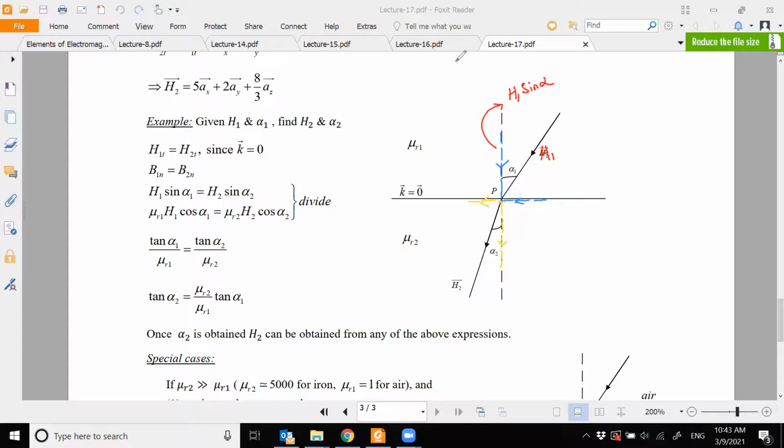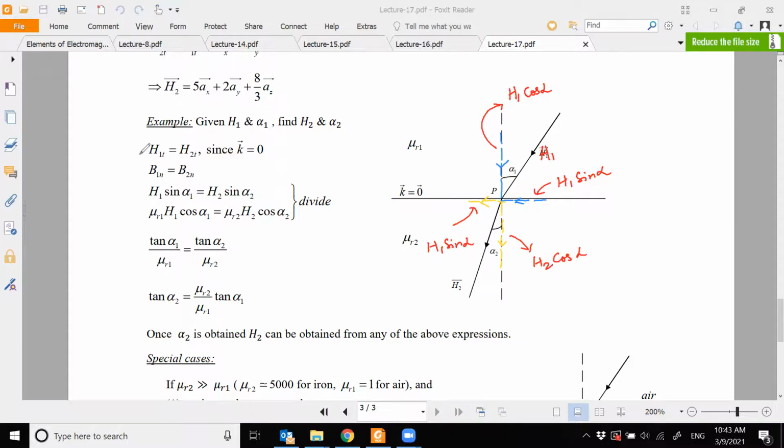Oh, no, cos alpha, sorry. H1 cos alpha, and this will be H1 sine alpha. Similarly, this will be H2 cos alpha, and this one H2 sine alpha.